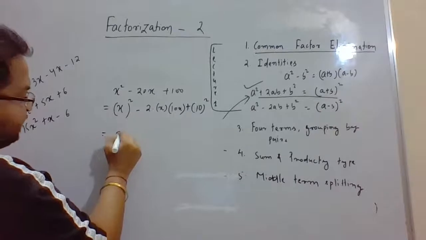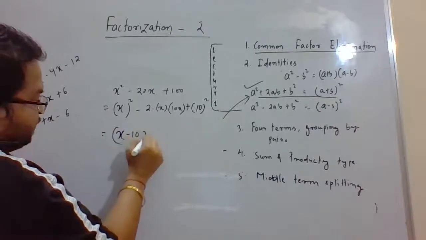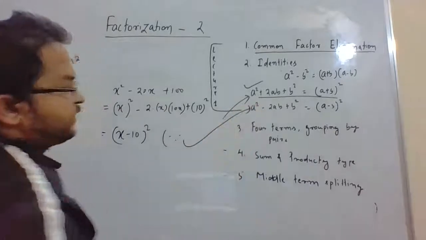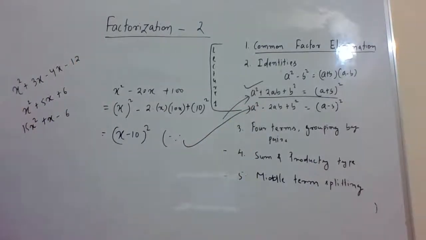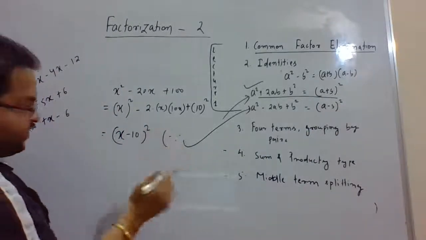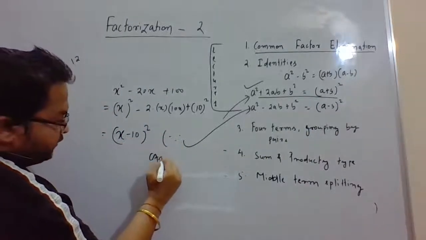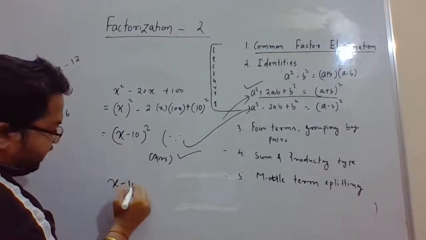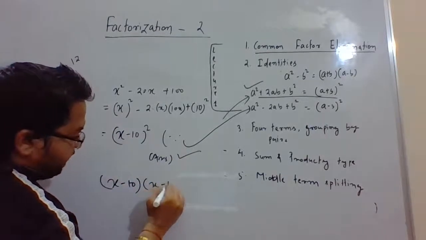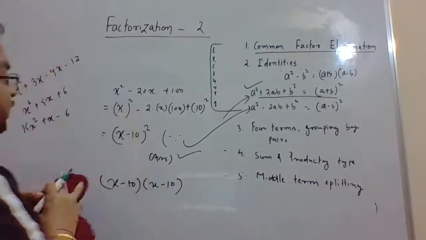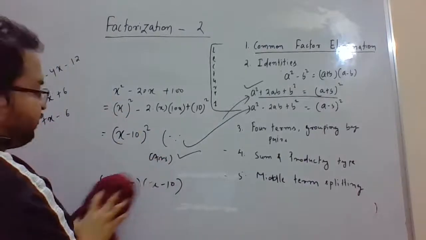So this can be written as x minus 10 whole square, and the reason is this identity: a squared minus 2ab plus b squared is a minus b whole square. And as I said, if you leave it right here, this is also correct. Or if you want, you can write x minus 10 into x minus 10. This is also correct. Okay. Now, this is what we have covered in our first video.